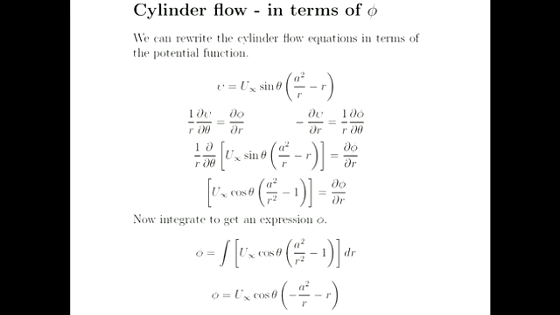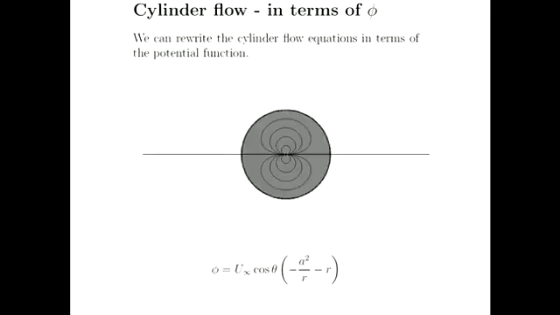So it's quite easy. I guess the only point I'm trying to make is it's quite easy to express all of the flows that we've been dealing with in terms of the potential function or the stream function if we felt that way inclined. Okay?